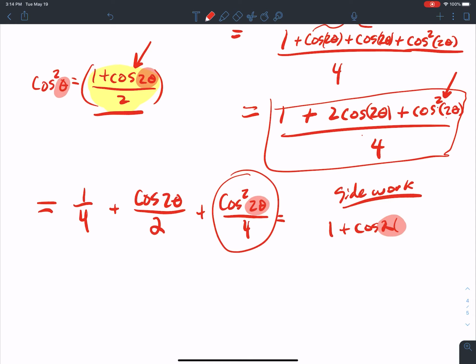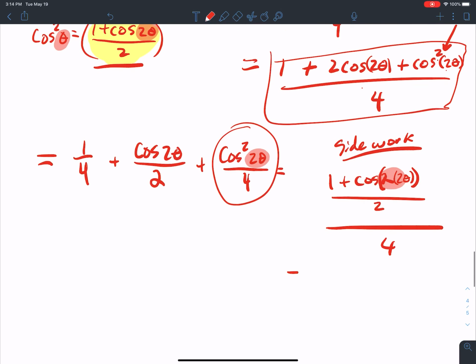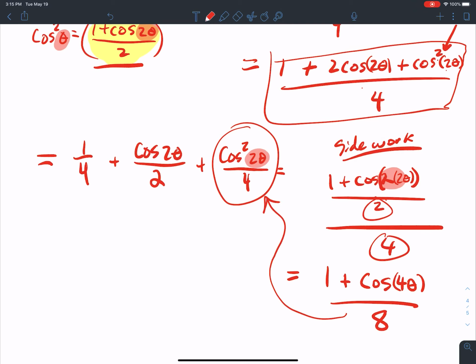So I end up having to do 2 theta in here too. So I have two 2 thetas. So that's actually going to be a little bit bigger, right? So what does this end up being? It's 1 plus cosine of 4 theta over 2. But if I have over 2 and over 4, that gets me my 8 here. So that's what this piece right here equals.